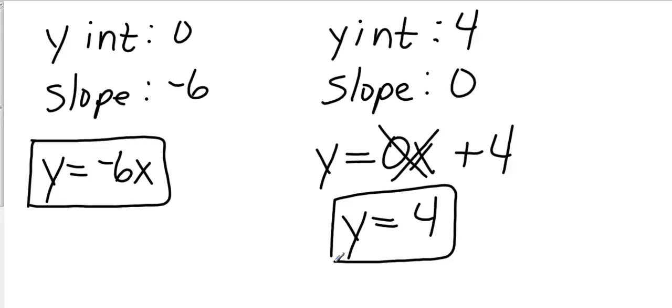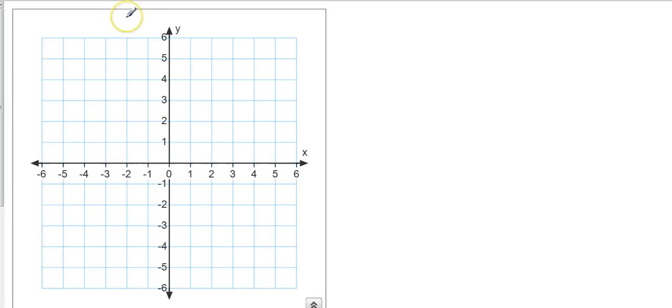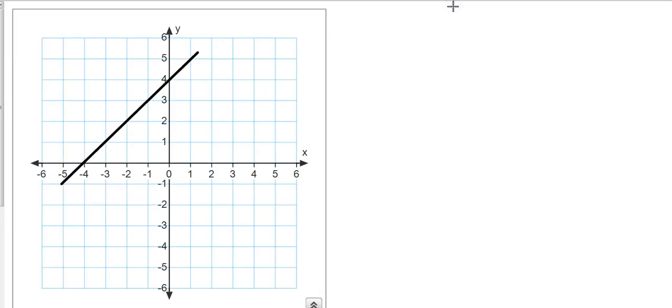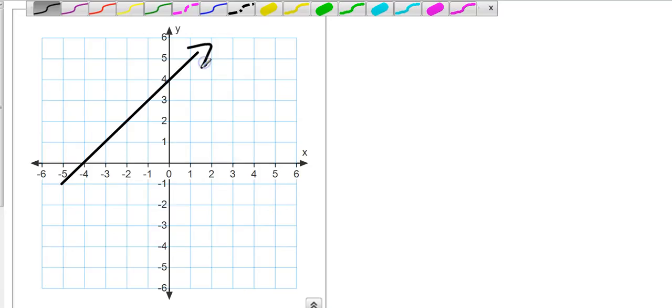Now, one other variation is they may actually give you a graph, and let's say they did this. And they want to know the equation of that.